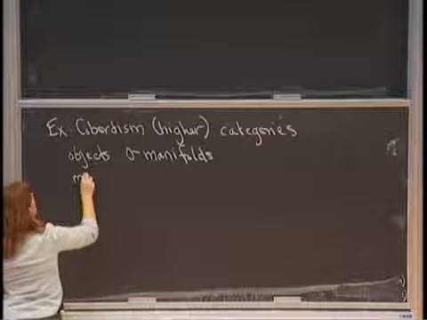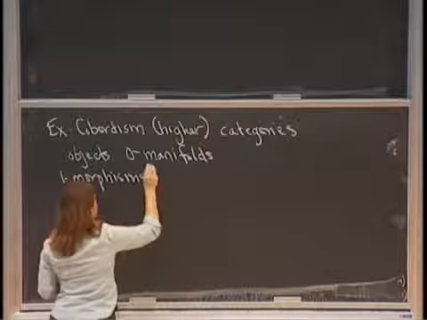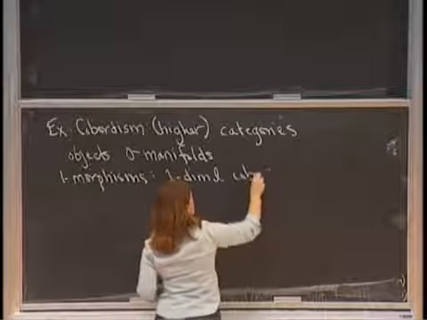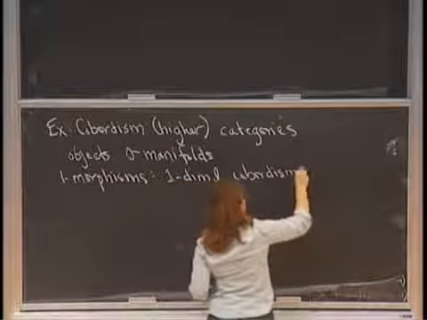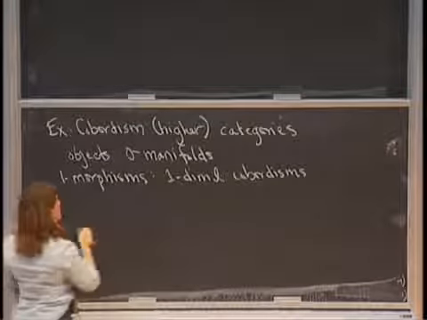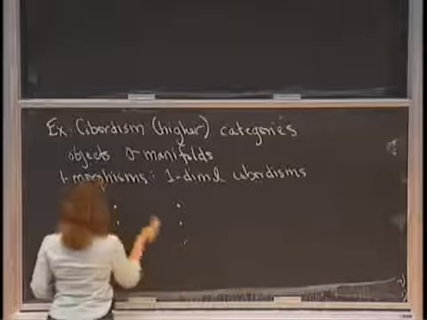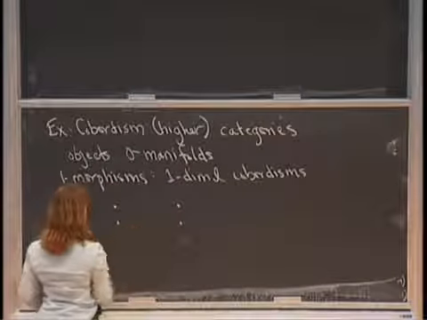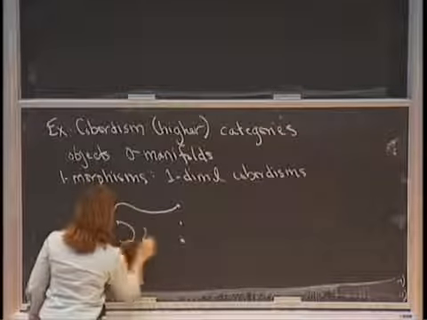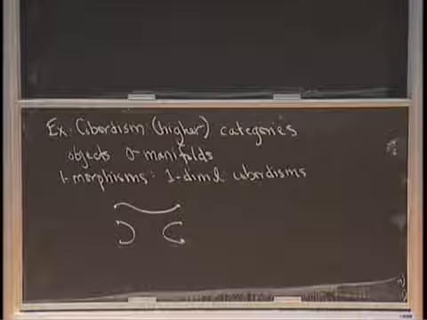And then the one-morphisms are one-dimensional cobordisms. Well, if you even just say it like that, you already run into a problem. Here's a picture of such a thing. Maybe you have 3 points and 2 points, something like this. That would be an example of such a cobordism.